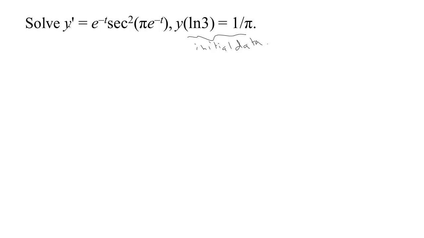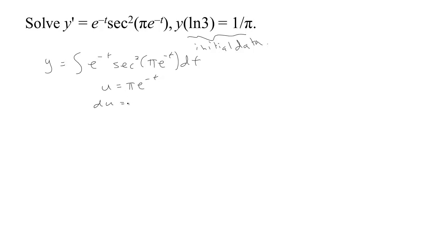We know that the derivative of y with respect to t is this, so that means that y must be the antiderivative of e to the negative t, secant squared of pi e to the minus t, with respect to t. A good substitution at this point would be to let u be pi e to the negative t.